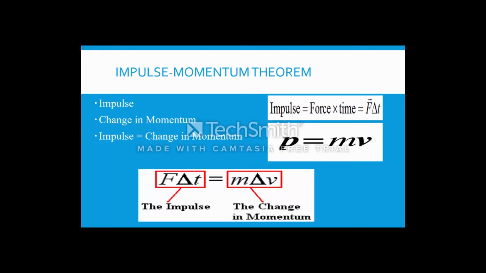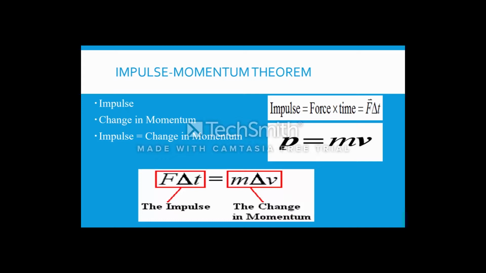Also, we learned that when you experience an impulse, it is a change in momentum, and so all that is basically changing your velocity. If the force in the impulse is in the same direction as the object, you'll increase momentum, and if the force is in the opposite direction, you will decrease momentum.